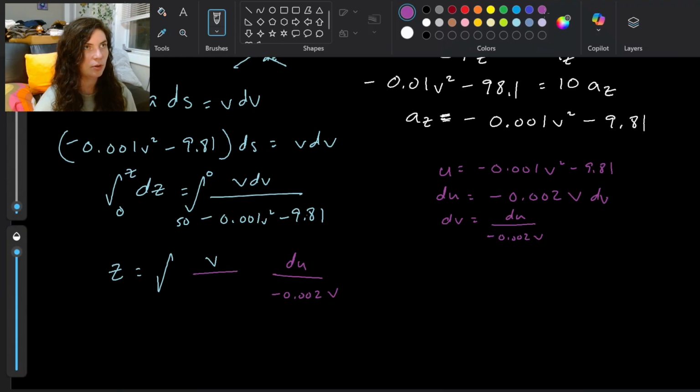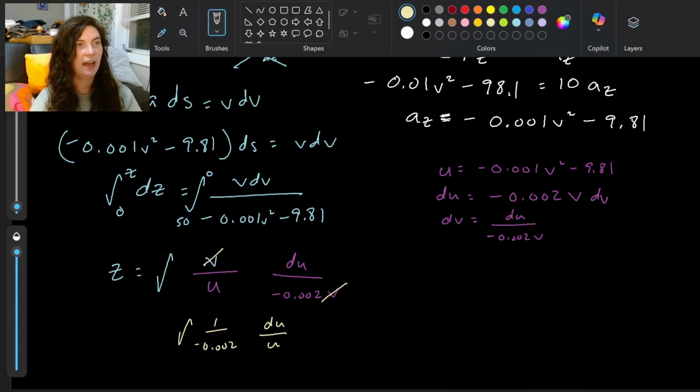And in this bottom portion, we substitute that entire bottom with the u. And if I look here, these v's cancel out. So now I'm just integrating this: 1 over negative 0.002, du over u.